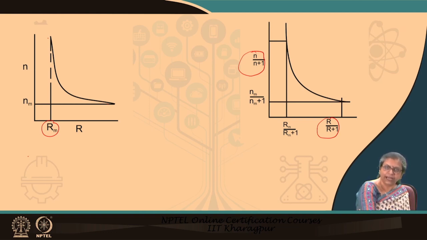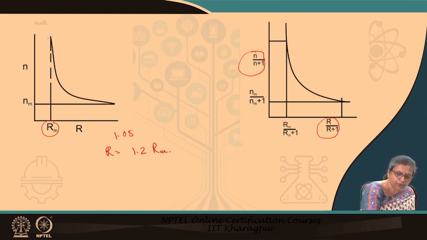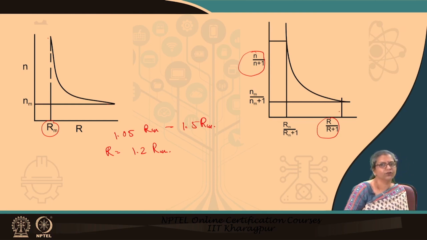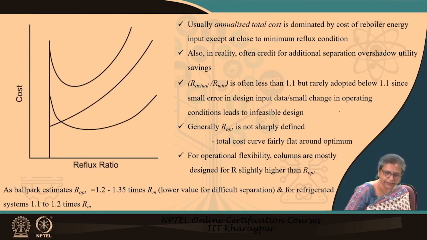The problem that I had given you, you can try it out. I had done it just for R equals 1.2 Rm. You can extend it, starting from 1.05 Rm to say 1.5 Rm, and for each value generate N by N plus 1, and generate the curve and see for yourself what you are going to get.